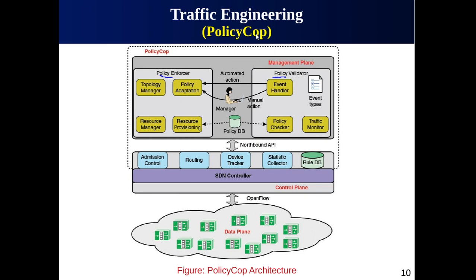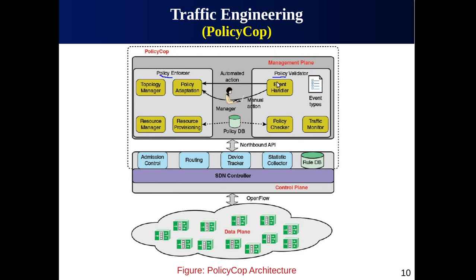The key feature of this application is that it monitors the underlying network to detect policy violations. We have a policy validator, so it will monitor the network for any violation of the policies. And these policies are defined, as we saw, in the SLA, service level agreements.